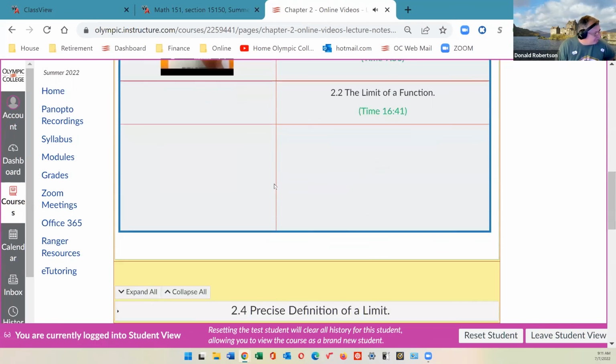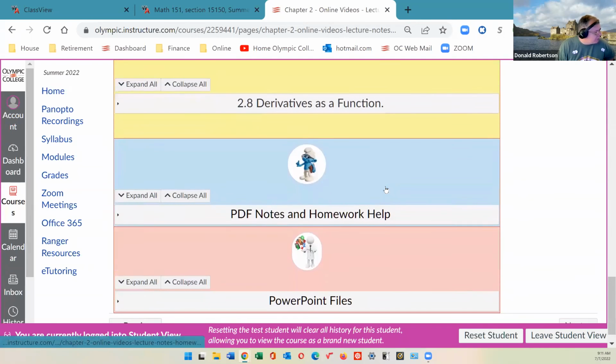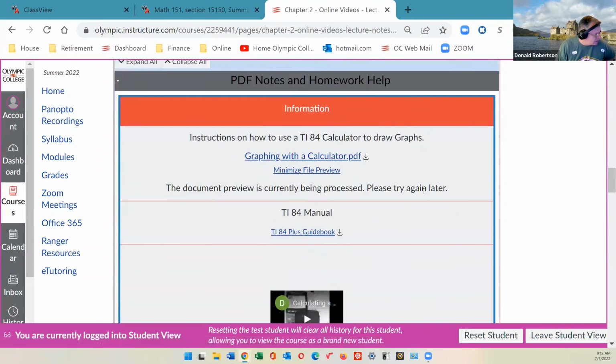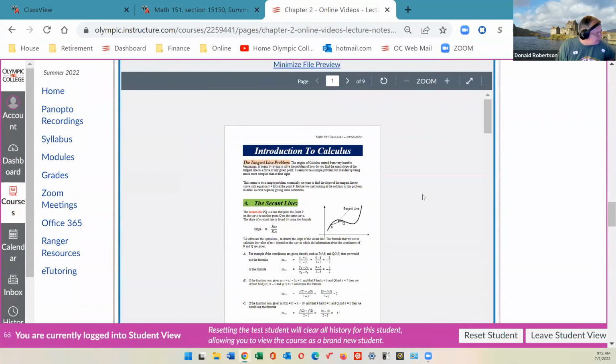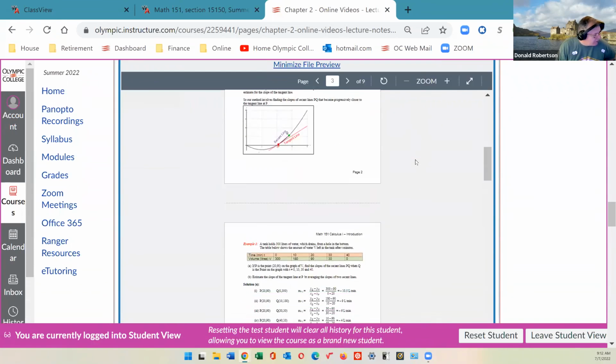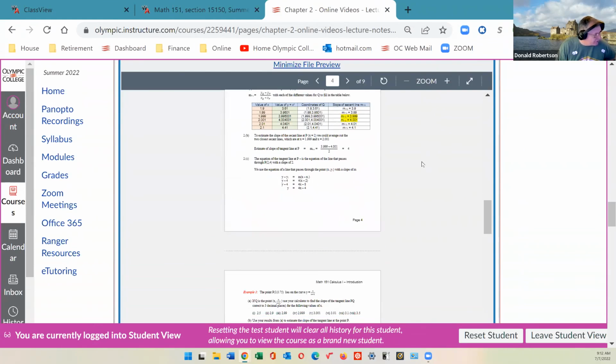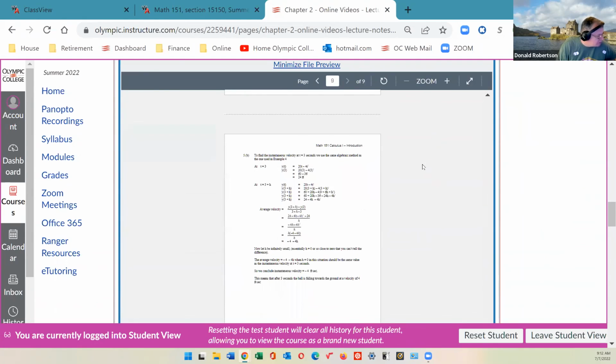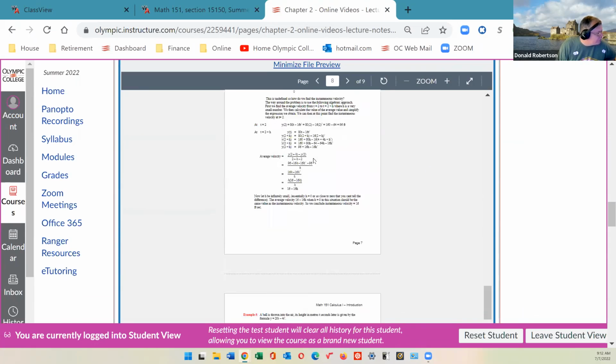There you go. If you go down a little bit further and you click on here, you'll find my notes, and it basically goes through a lot of the things that we've done.